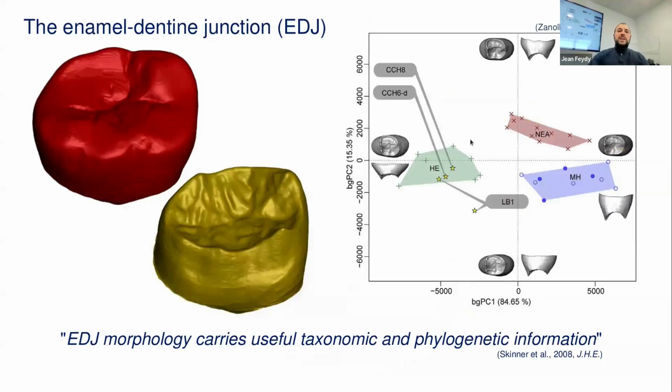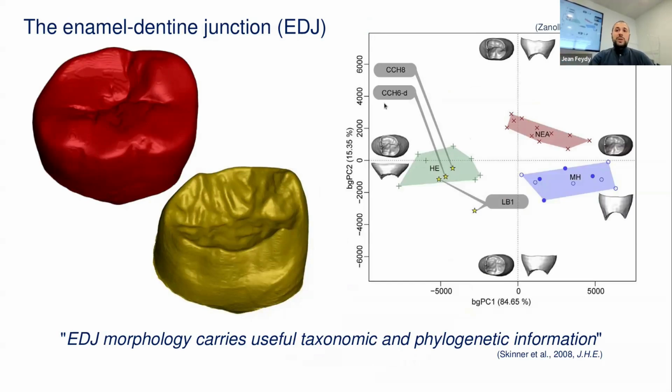So for example, you can see here, the red part is the enamel, so the outer part in the crown, in the mouth. And below, in yellow, you have the enamel-dentin junction. And you can see that there are a lot of small crests and grooves and things that you cannot see outside. And these are very important to characterize the species.